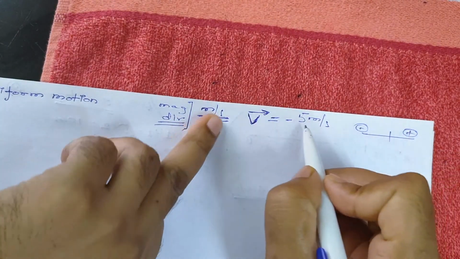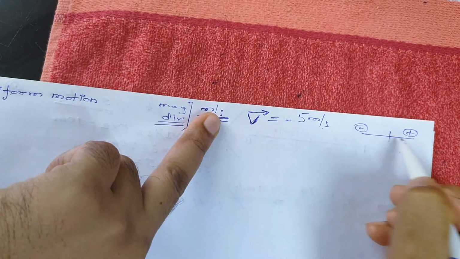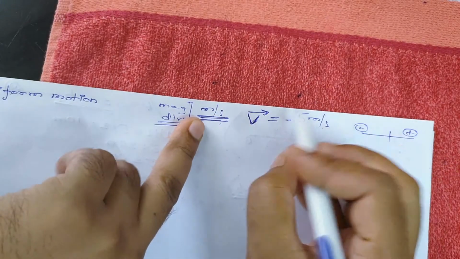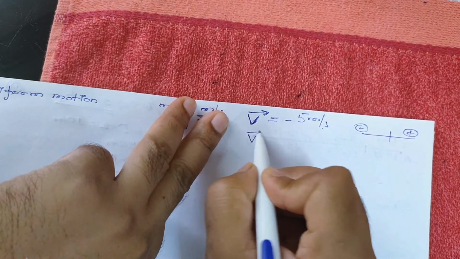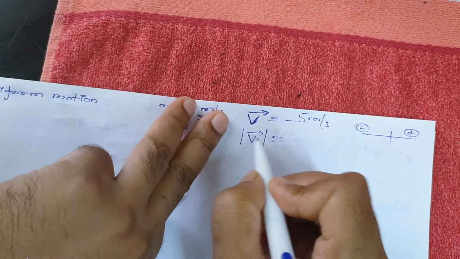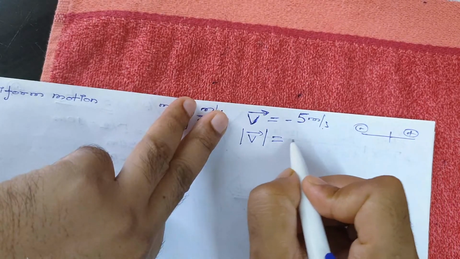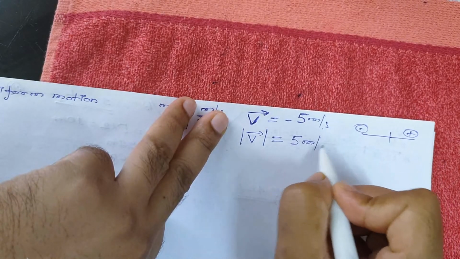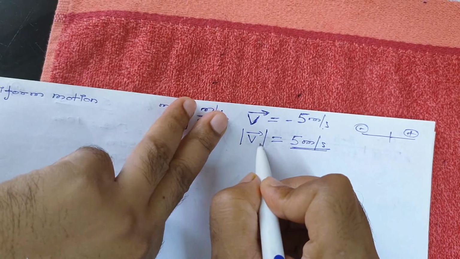Minus 5 meter per second, so you understand that the object is moving leftward. What is the magnitude of the velocity if I ask you to calculate? It is very simple. Put these two sticks. Magnitude will always be positive. So magnitude of velocity is nothing but speed.